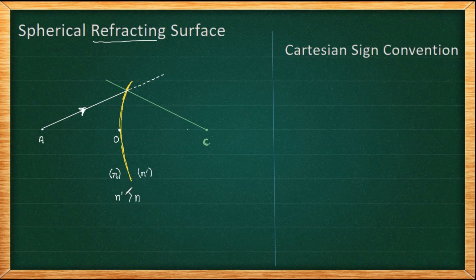So when n prime is greater than n, what would happen? Would it be refracted towards the normal line or away from the normal line? So n is the rarer medium and n prime is a denser medium. Okay, so it is towards the normal line. So it will be refracted towards the normal line. Okay, so let's just consider it this way.